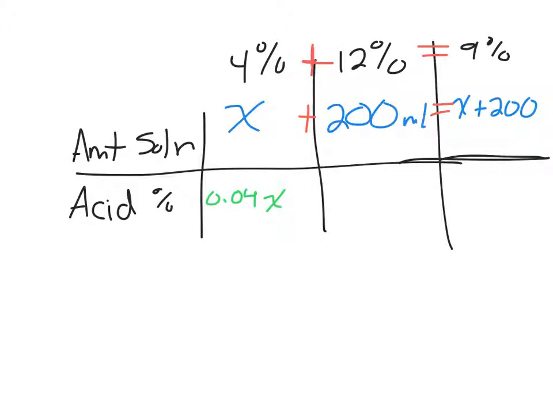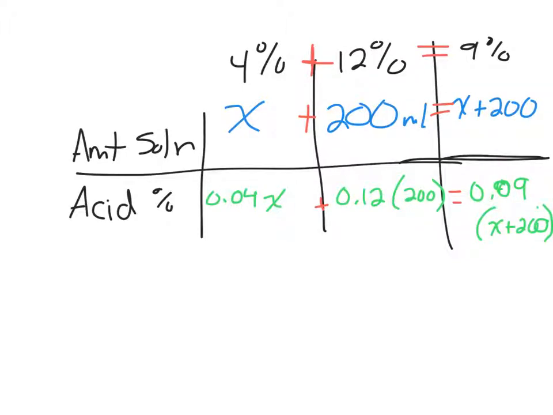Then we're going to add that to the second box, which is 200 milliliters, but since it's a 12% solution, that is 0.12 times 200. And that will be equal to the last box, which is a 9% solution. That one would be written as 0.09 times X plus 200.